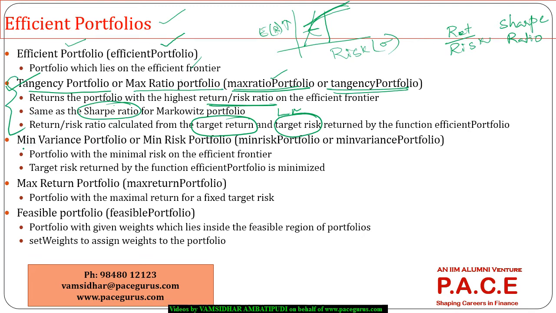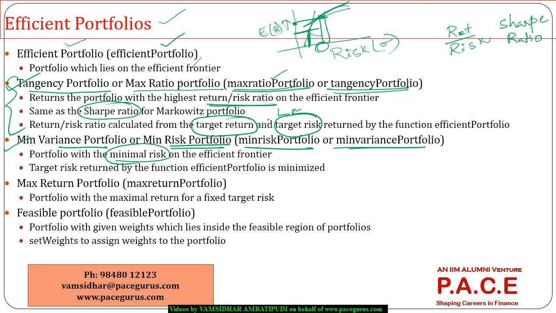Then in some cases the definition of efficient portfolio means it could be a minimum variance portfolio or a minimum risk portfolio. I can use either this function or this function from the fPortfolio package. Whichever is having the least possible risk, this is the one. Or at the same time, if I am giving a specific return, let's say I am specifying this as my expected or target return, corresponding to this is the amount of risk.